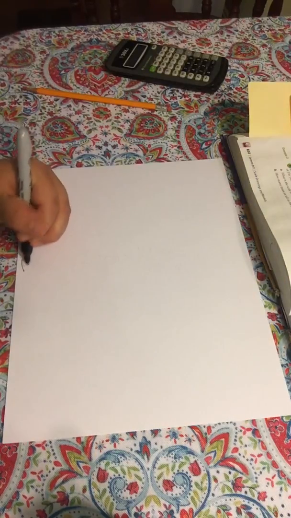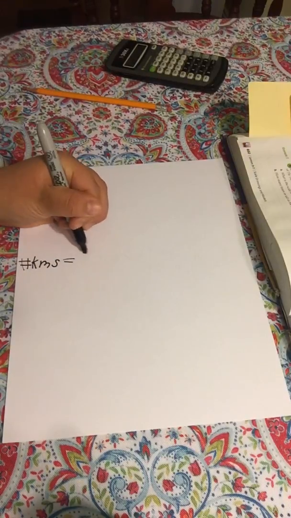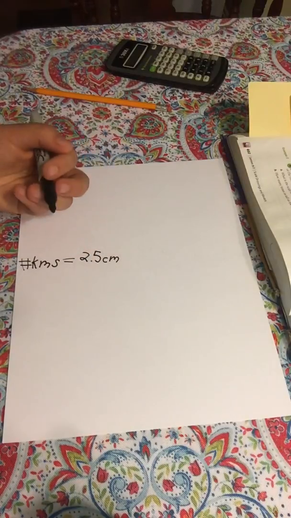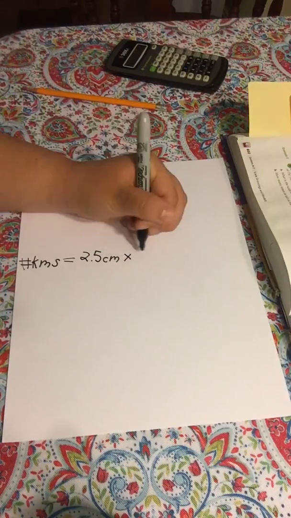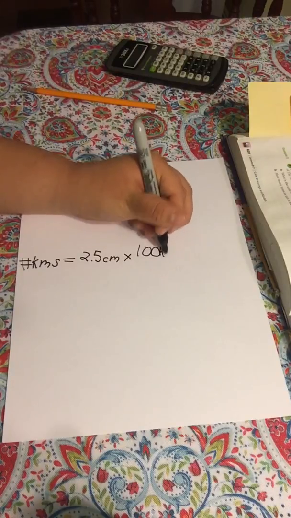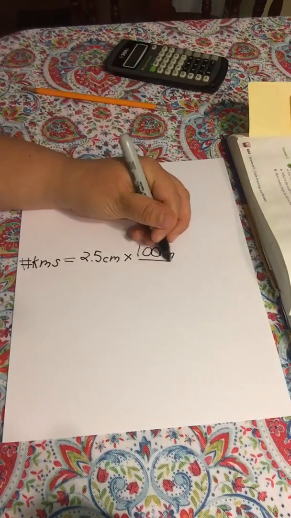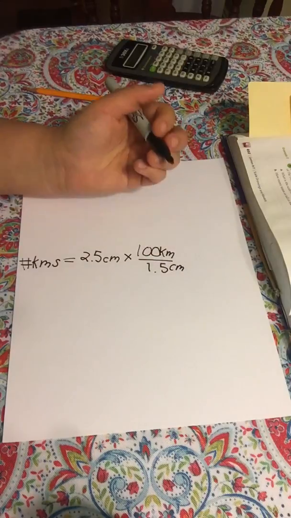And now to find the distance x, we'll have to use dimensional analysis. So the number of kilometers equals 2.5 centimeters, which is the distance we found on the page with the Oklahoma map, multiplied by 100 kilometers, one of the values of the scale, divided by 1/2 of a centimeter, the other value of the scale shown.